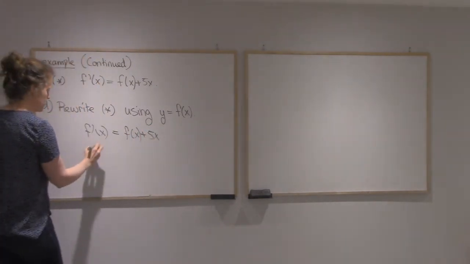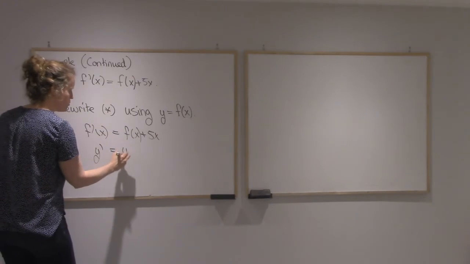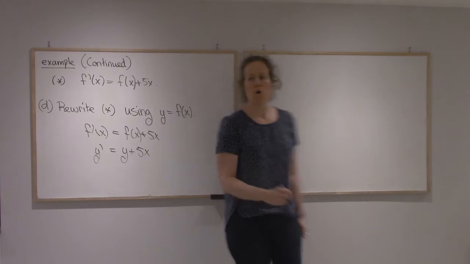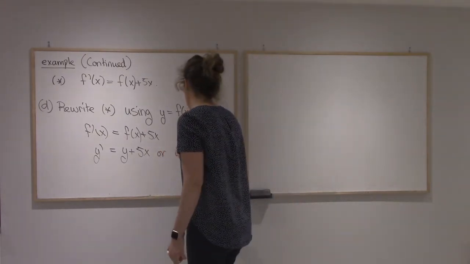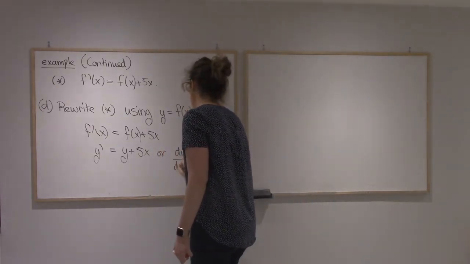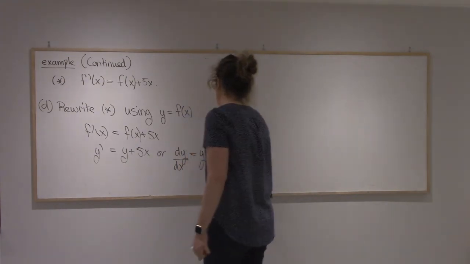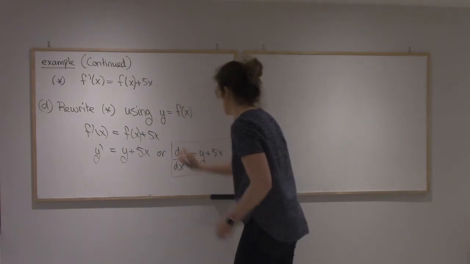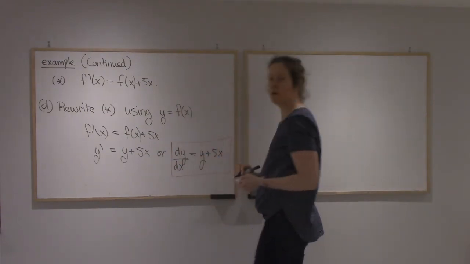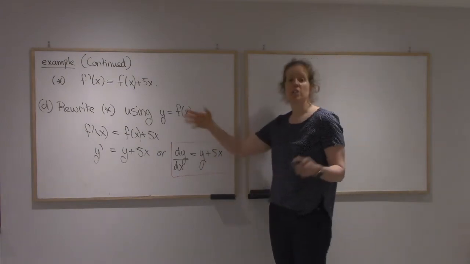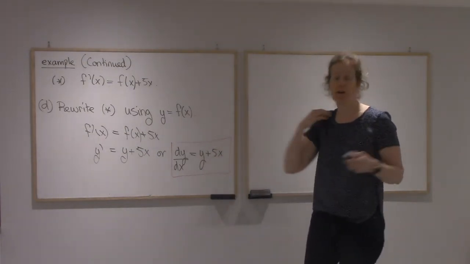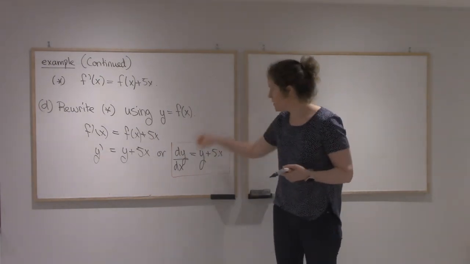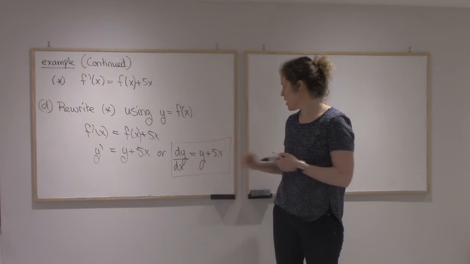I could write this as y prime equals y plus 5x, or I could even write it as dy over dx equals y plus 5x. Thinking of the function as a dependent variable of x is going to be helpful in what follows. So I will often write it this way, dy over dx equals y plus 5x.